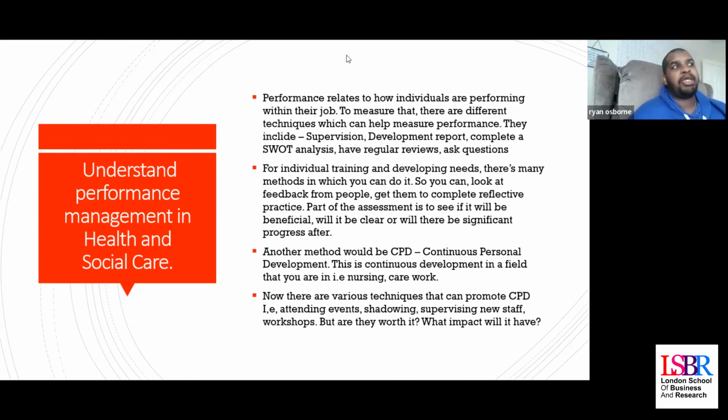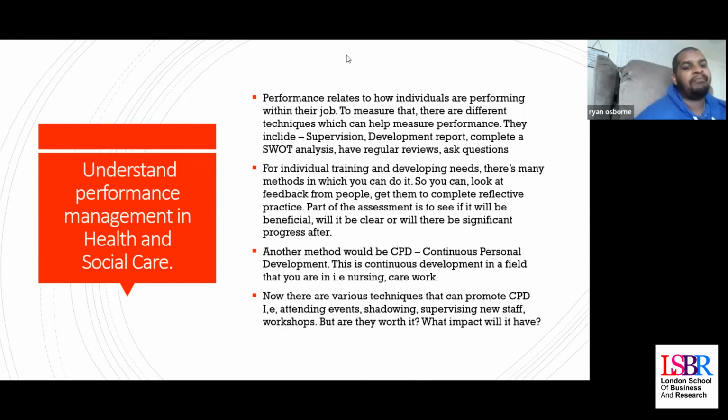It could be service users and their families. It could be supervisors. It could be uplines. It could be the local authority. It could be your colleagues, departmental workers. It could be anybody that you work with. They will be giving feedback on you and how you perform in your role, won't they?